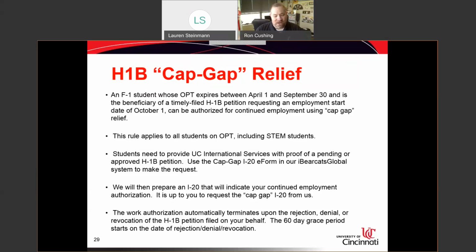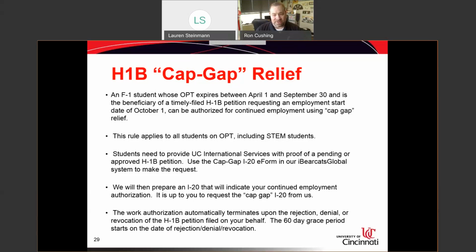Now, the most common transition for a student from F-1 OPT to another employment visa is transition to an H-1B specialty worker visa. The problem is the government limits how many of those they give out every year. The government's fiscal year starts October 1, and they only give out 85,000 H-1Bs each year, 65,000 for all degree levels, an additional 20,000 for master's and doctoral level students.